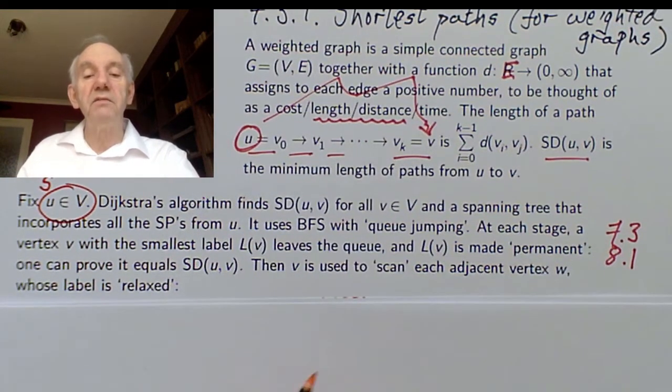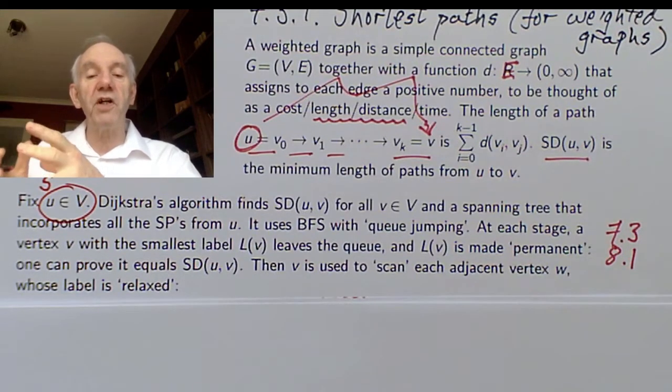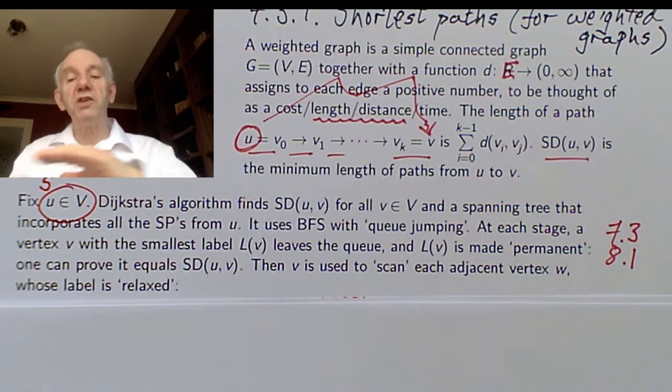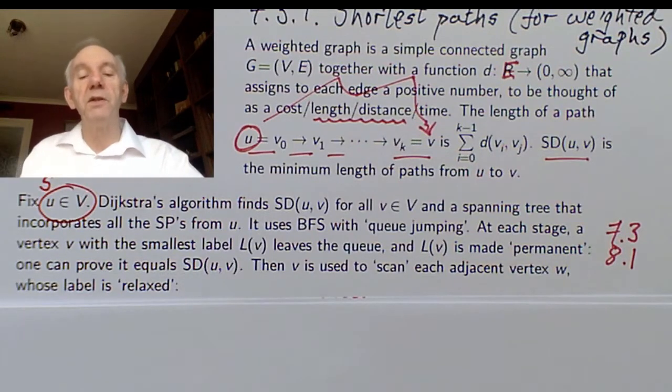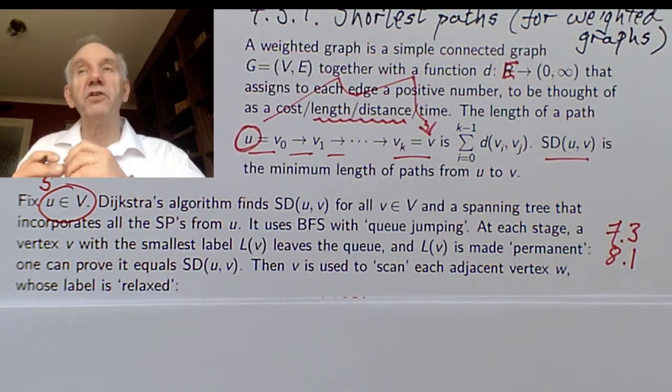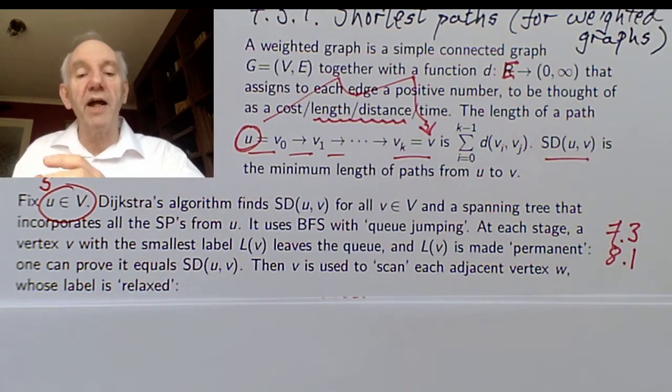But having seen at a certain stage of the process, some of the vertices are labelled. Some have been confirmed as correct, just as before we did a stage and then we looked at the next ones. But when you look at the ones that are unconfirmed, you take the one with the least label. The labels are a guess of the shortest distance, but not necessarily the correct guess.